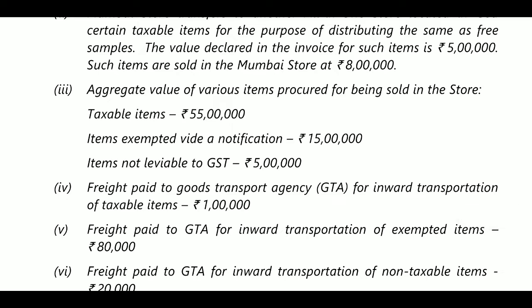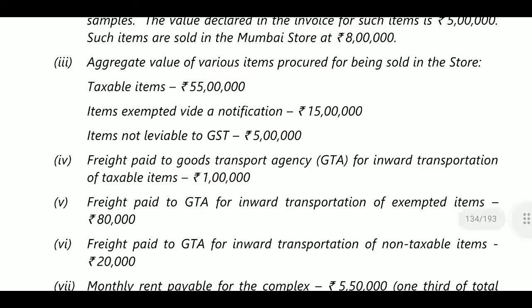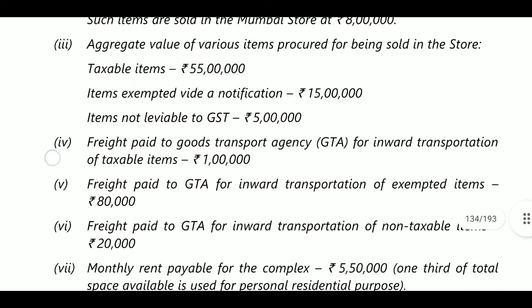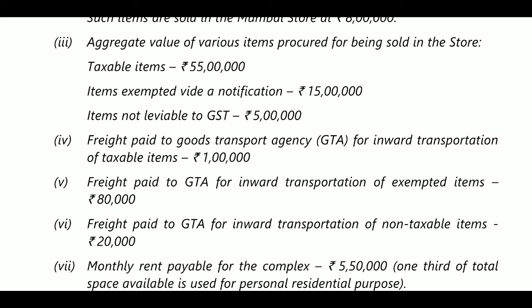Items exempted vide notification will be 15 lakhs. Next, items not leviable to GST, 5 lakhs. So no GST will be payable on these, and above also no GST will be payable.